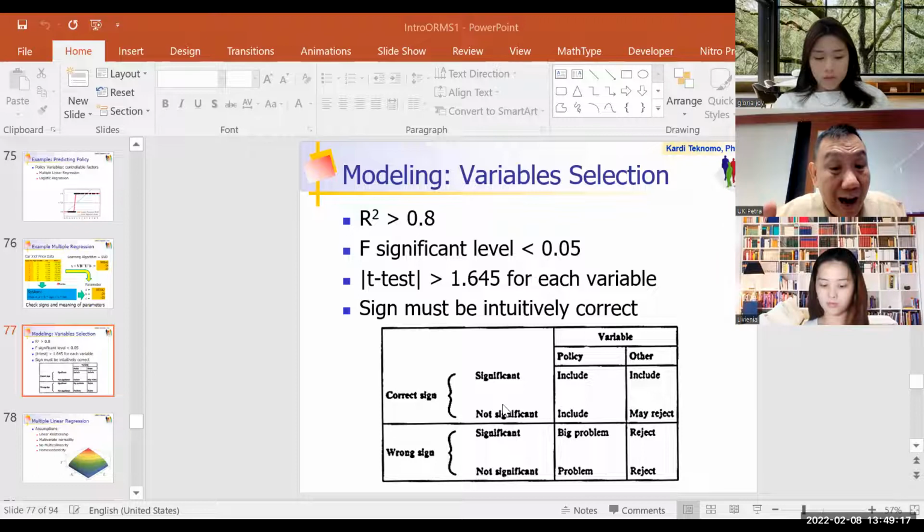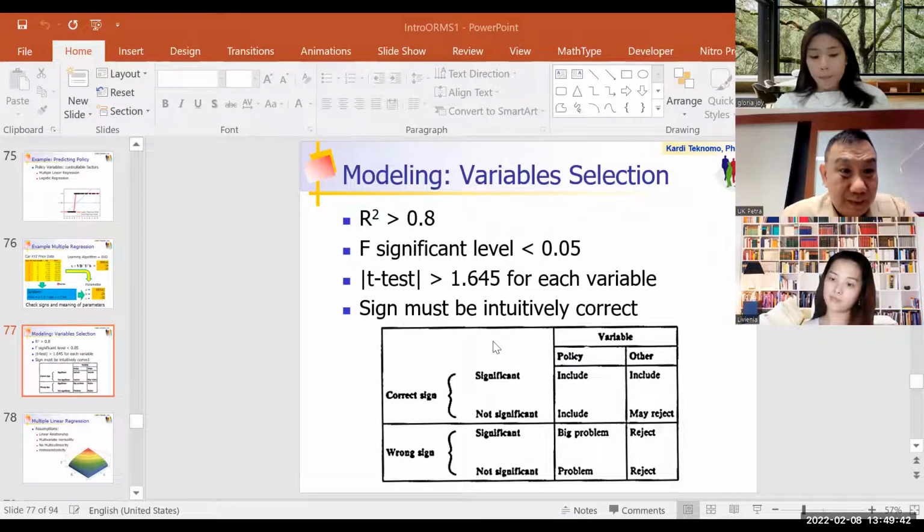But if it is the wrong sign and it is significant, meaning the t-test is larger than 1.645, then you have a big problem there. So in that case, you probably want to change the model or check the data. Okay, so this is the guideline.